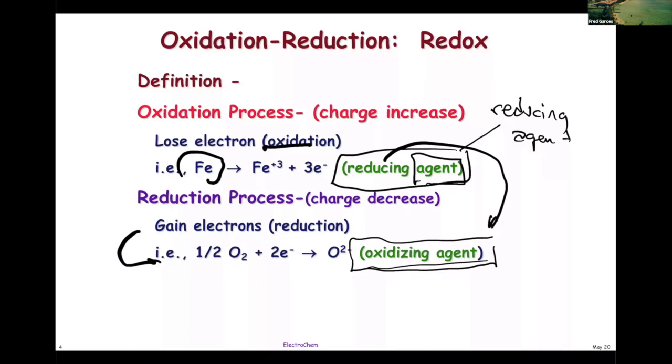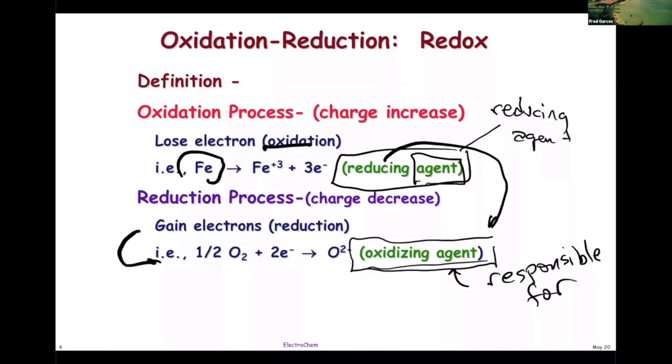If that partner doesn't lose electrons, that partner never gets oxidized. So the chemical is called an oxidizing agent because it's responsible for oxidizing its neighbor. So think of agent in terms of responsible for, and generally responsible for its partner.